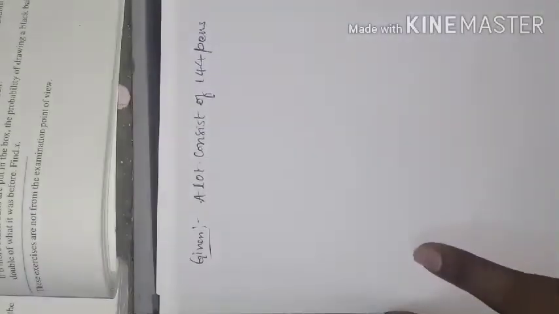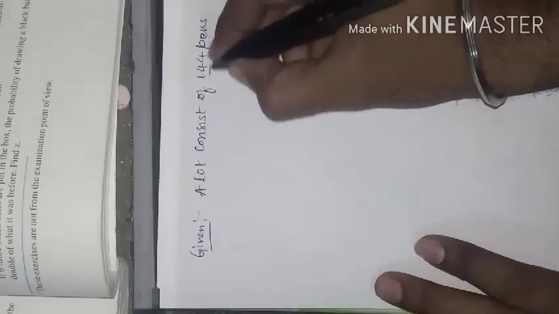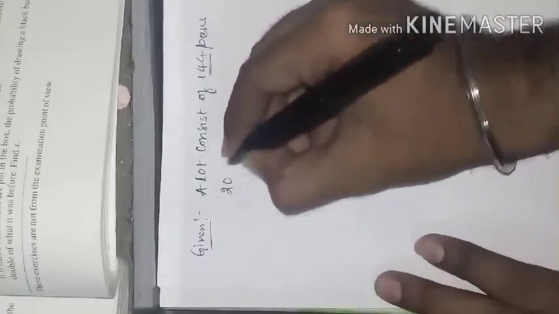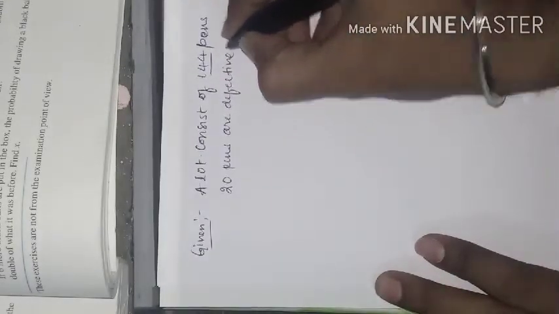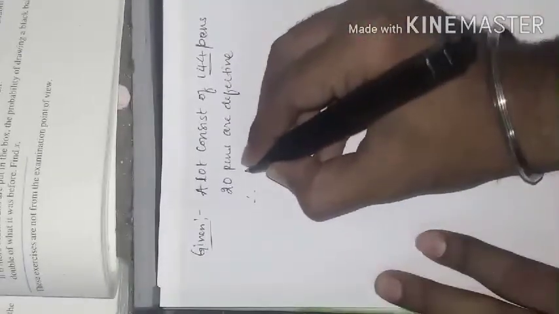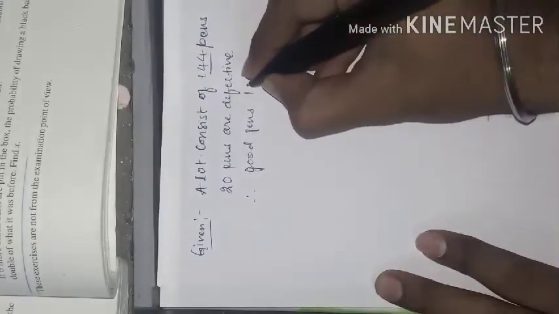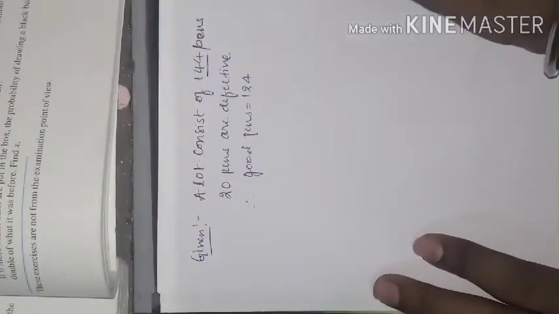Sorry, a lot consists of 144 pens, and out of these 144, 20 pens are defective. So that means good pens are how many? 124. Okay, good pens are 124.